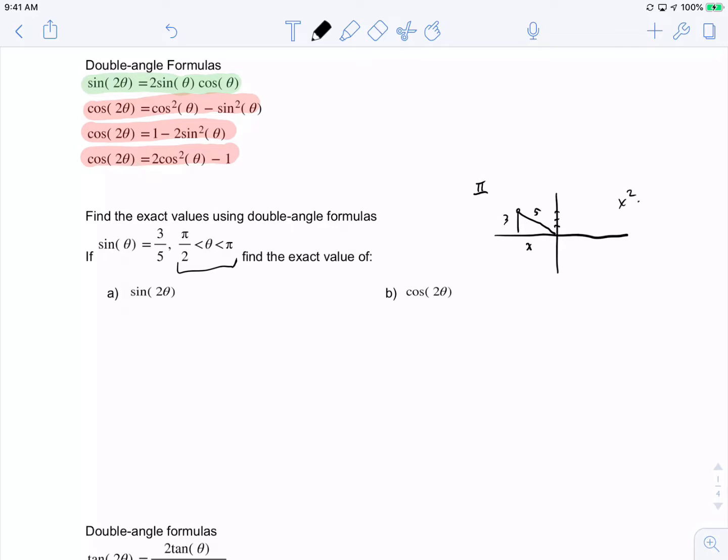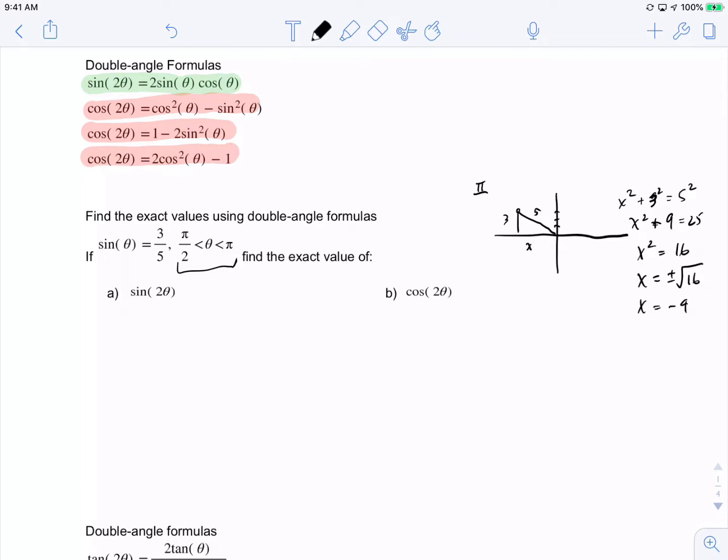So x squared plus 3 squared is equal to 5 squared. So x squared plus 9 is equal to 25. X squared is equal to 16, and then x is equal to plus or minus the square root of 16. But since we're in the second quadrant, we know it's the negative value.